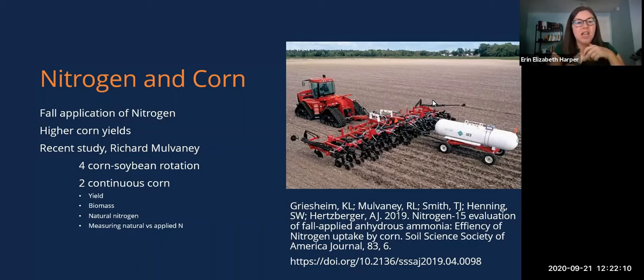The evidence at the time pointed to nitrogen being helpful. And now some of the studies that he's looking at are showing that maybe that wasn't the thing creating this increase in yield. This paper that I have cited basically talks about how originally we were saying fall application of nitrogen produced higher corn yields.